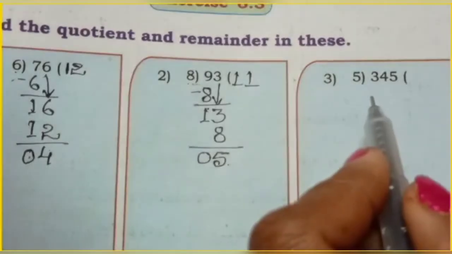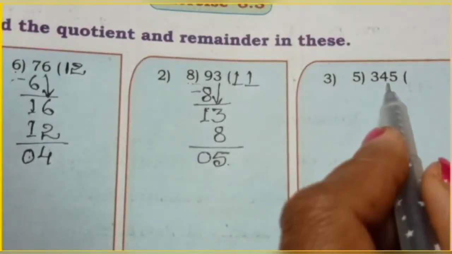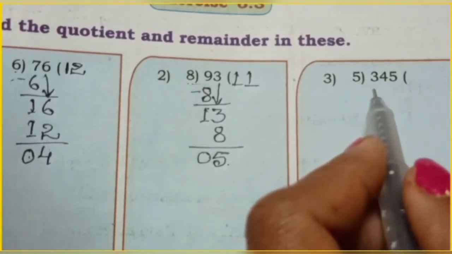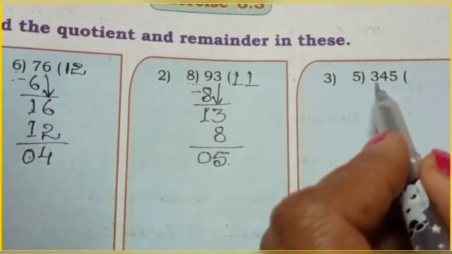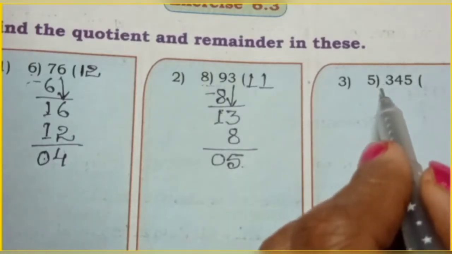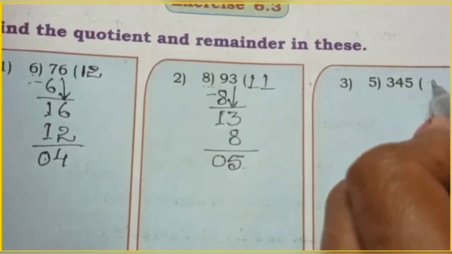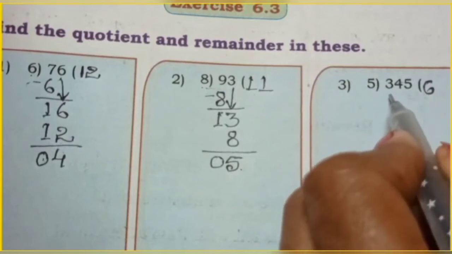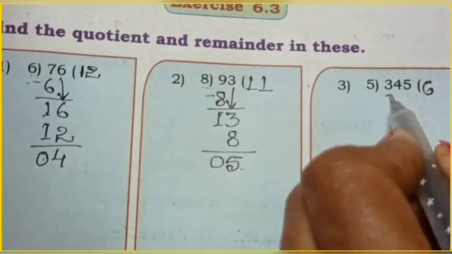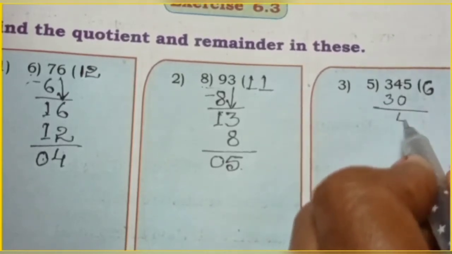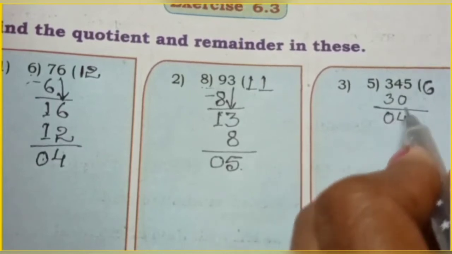Now third question. 345 divided by 5. We divide 300. 5 sixes are 30. 6 write as the first digit of the quotient and write 30 here. 4 minus 0 is 4. 3 minus 3 is 0.